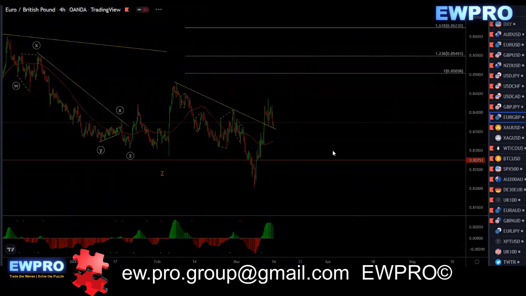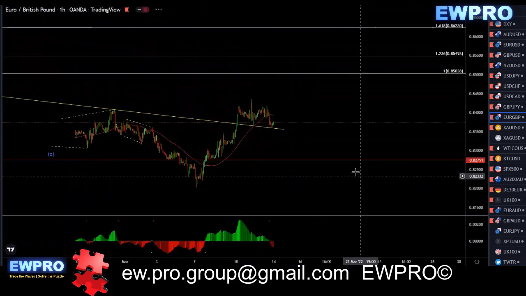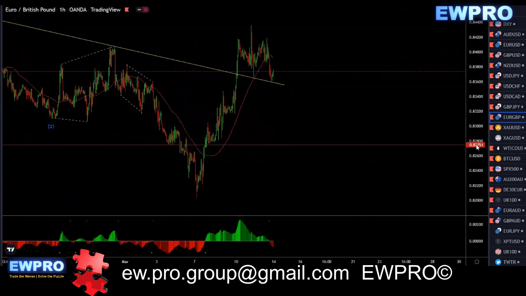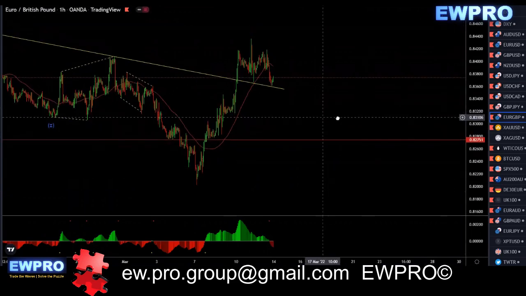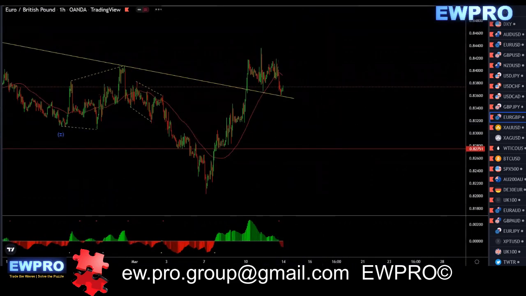Really need to go down on the H1 and see what's happening here. So we got the higher high. So it's very difficult to sell for that flat. Sort of got an A, B, C in here on the lower time frames.